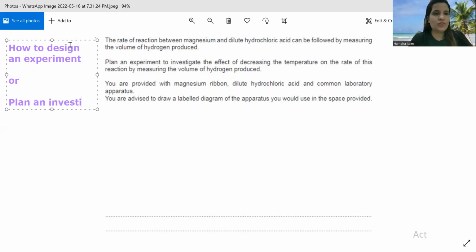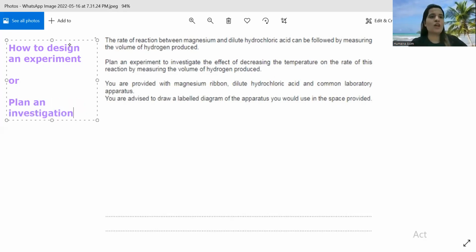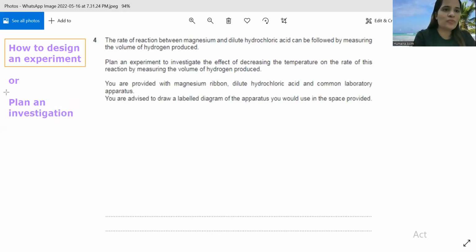So how to design an experiment or how to plan an investigation. This is what we're gonna do in this question.